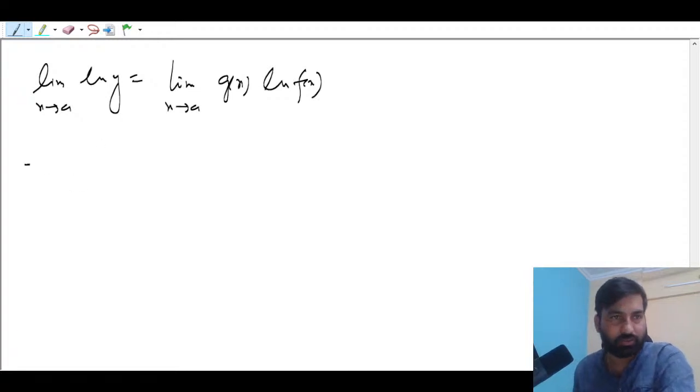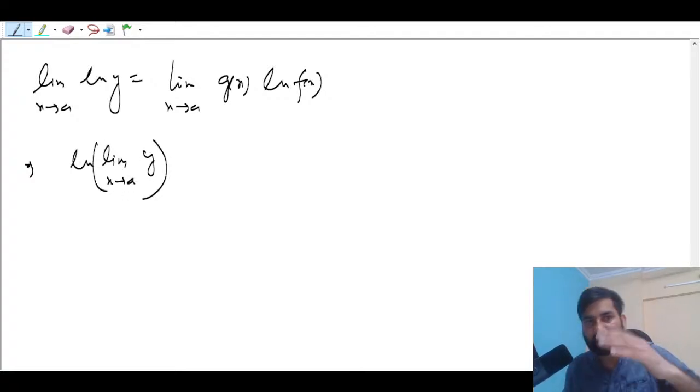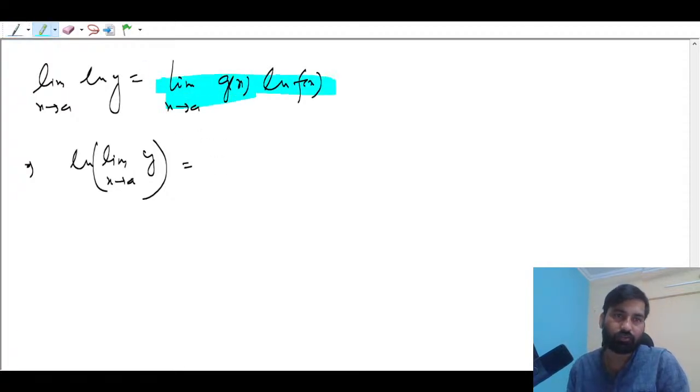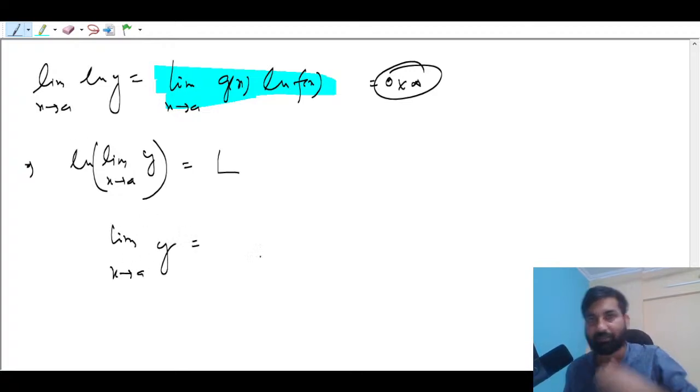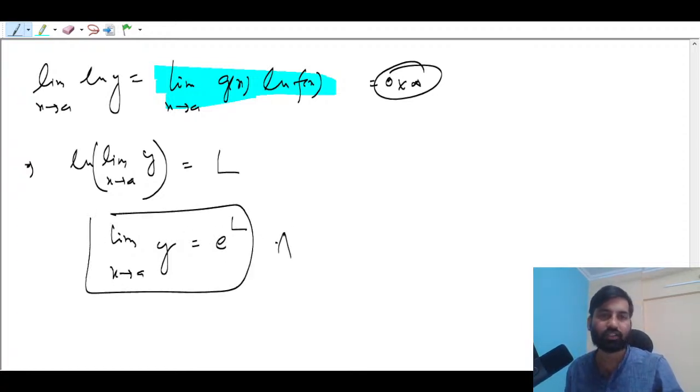So what you can do here is, you can write this as ln of limit x tending to a y, so you take this ln outside, you can apply the limit inside this ln. And if you are computing this part, it is nothing but 0 into infinity, so you got some L. Now what is limit x tending to a y, guys? This ln will go this side, so it is nothing but e raised to power L. So this is the answer.